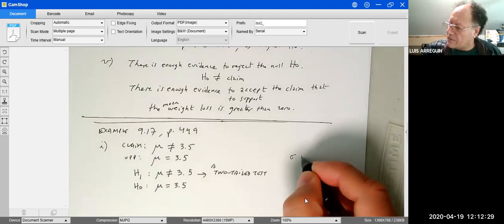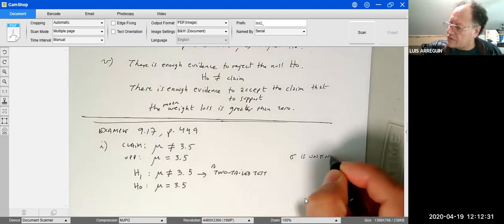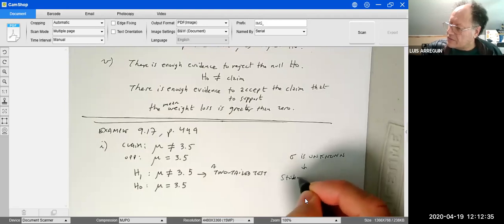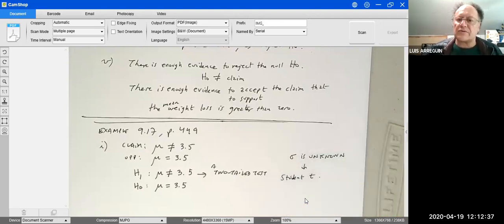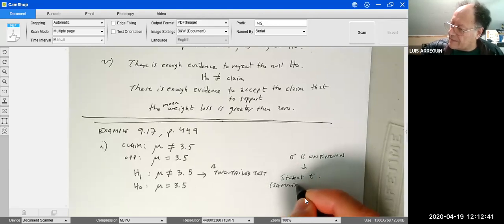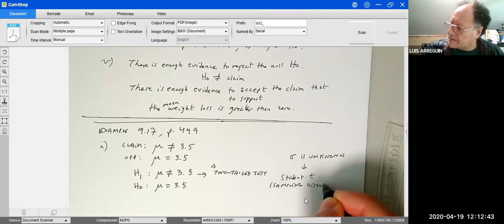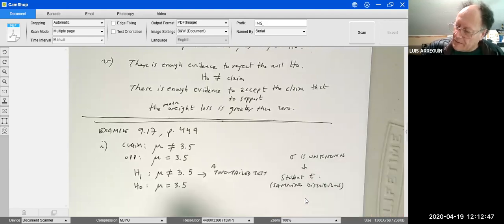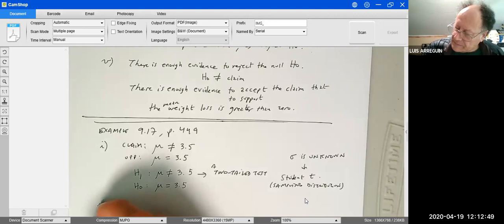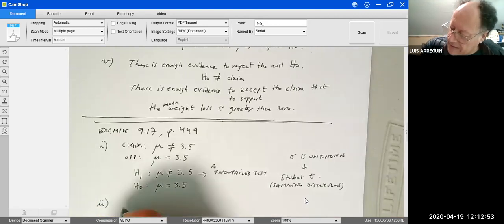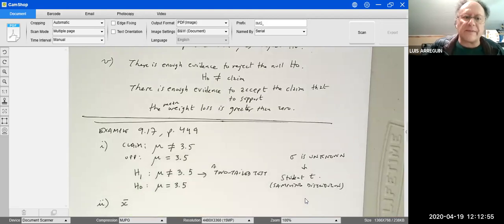We don't know the standard deviation of the population, so we're going to use the student t distribution as our sampling distribution. So we're going to find then the test statistic. Our test statistic that we need is the mean.